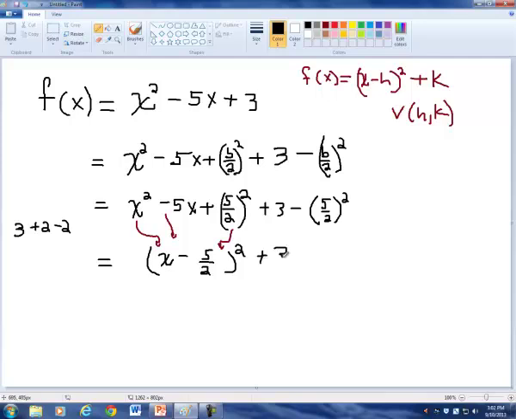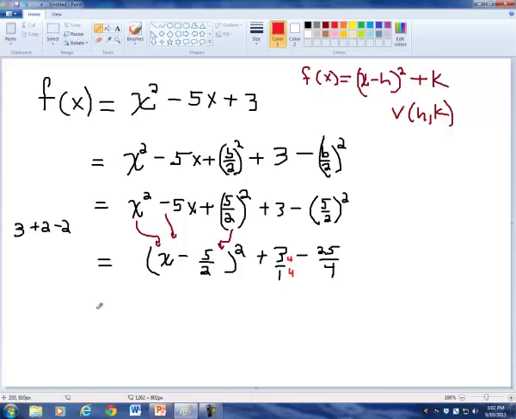Okay, so this will be plus 3, and then minus 5 squared, that'll be 25 over 4. So we need to get a common denominator here, so we multiply 3 by 4 over 4 to get our common denominator.